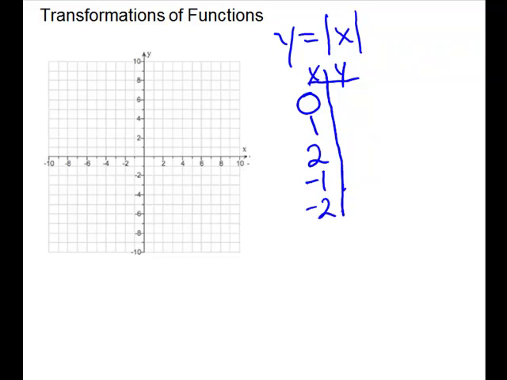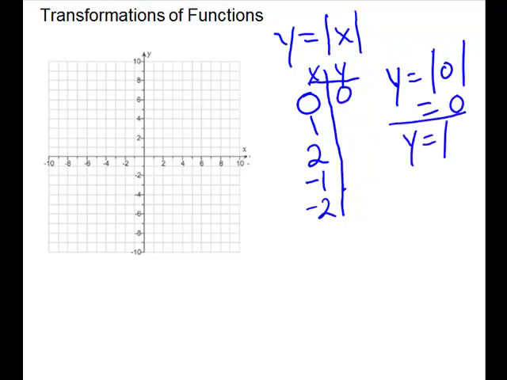When you plug in absolute of 0, it is going to be 0. Absolute of 1 is equal to 1. Absolute of 2 is equal to 2. I won't write that one.